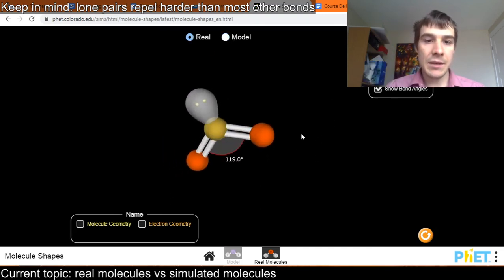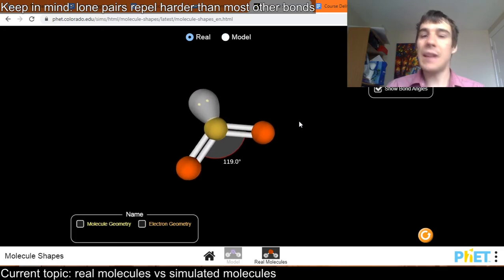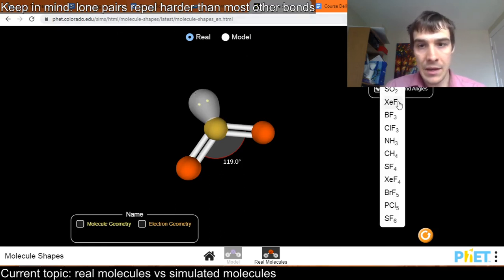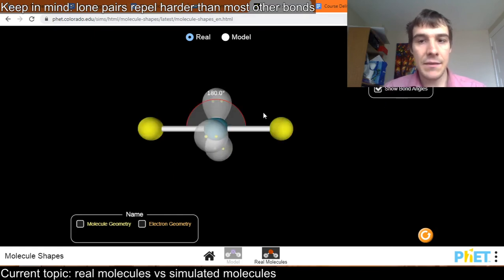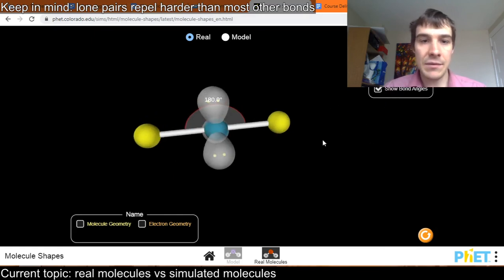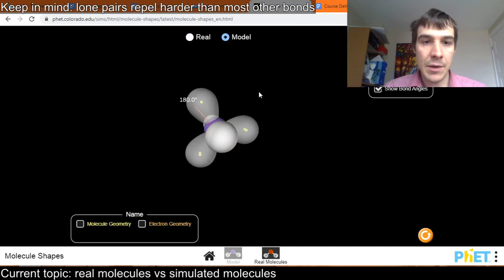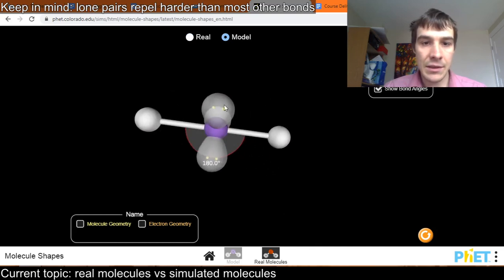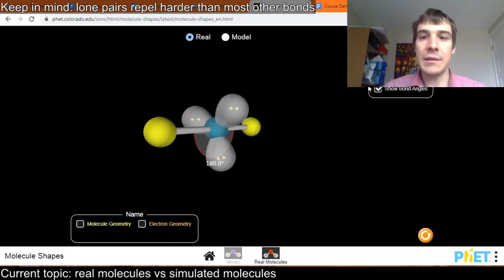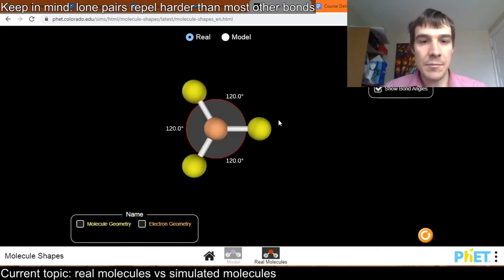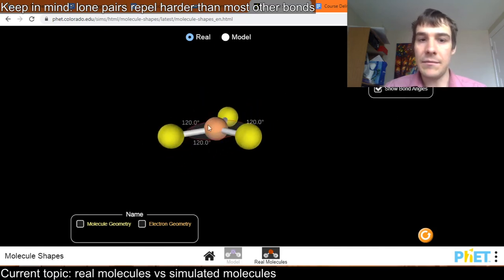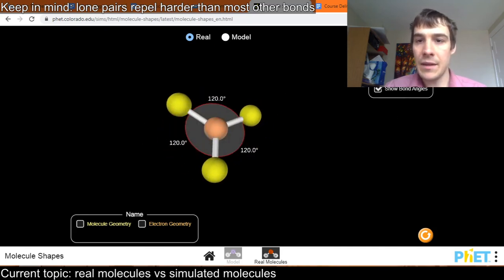But the real molecule is 119, so a little bit more pushed in because the lone pairs are repelling harder than most of the other bonds. If we look at XeF2, xenon difluoride, the model predicts 180 degrees. The real molecule also has 180 degrees because linear is linear. BF3, flat, 120.